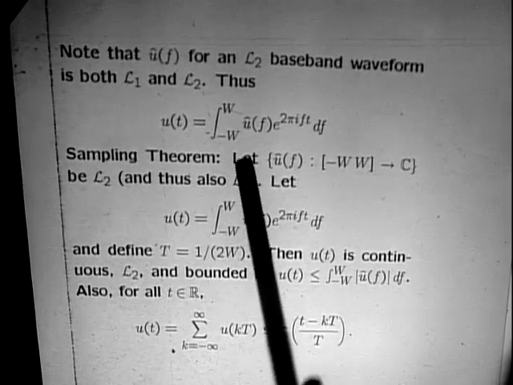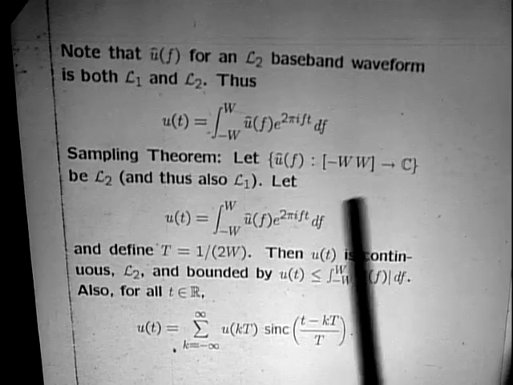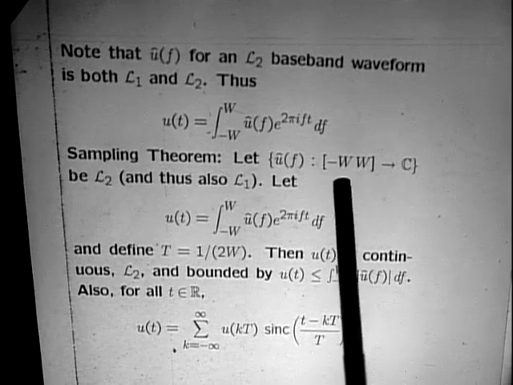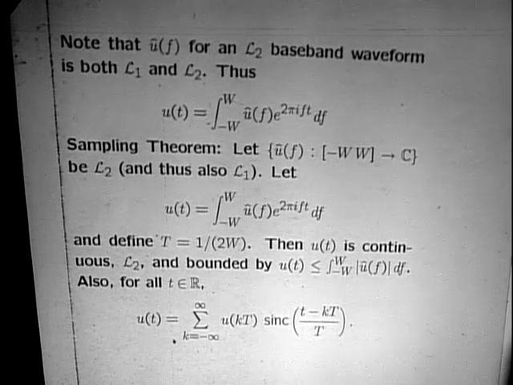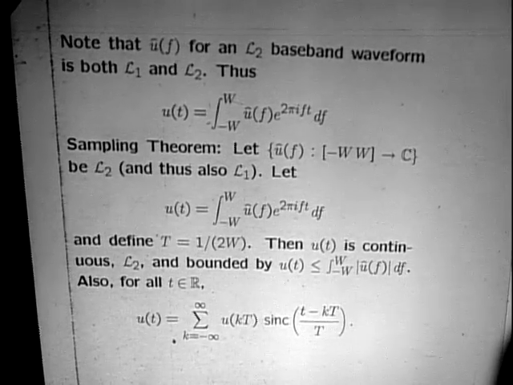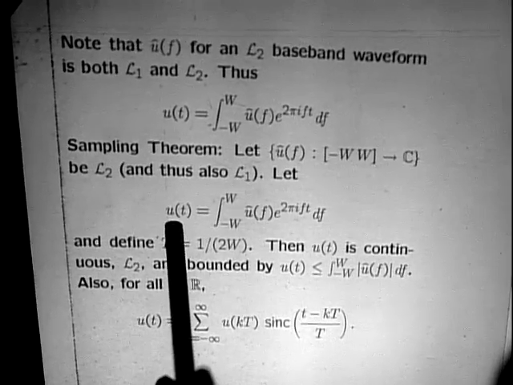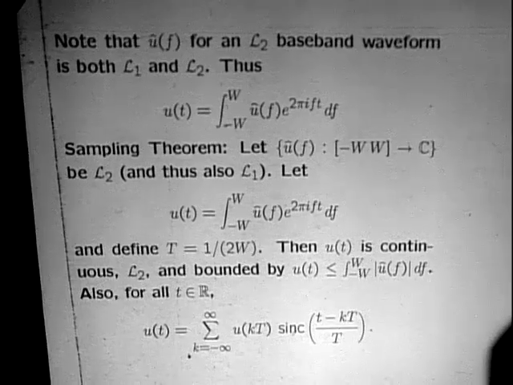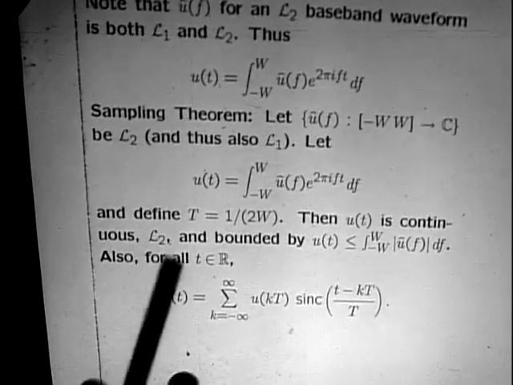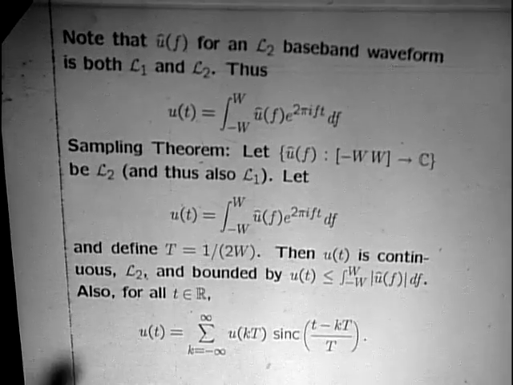So the sampling theorem says let u hat of f be an L2 function which goes from minus W to W, and let u of t be this, which we now know exists and is continuous. Define capital T as 1 over 2W.